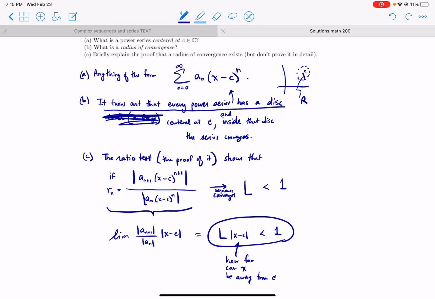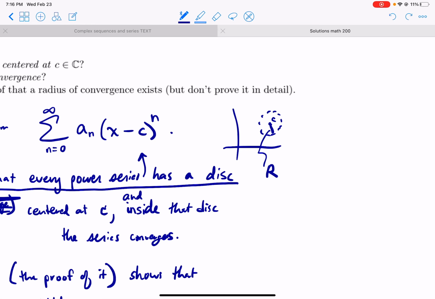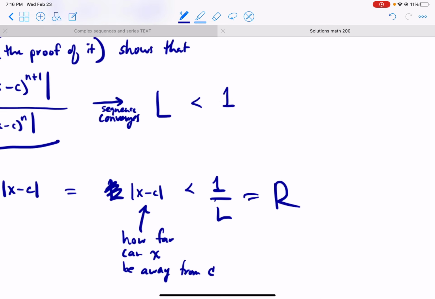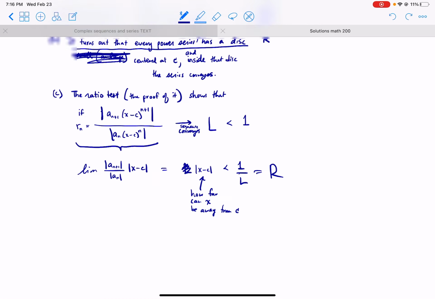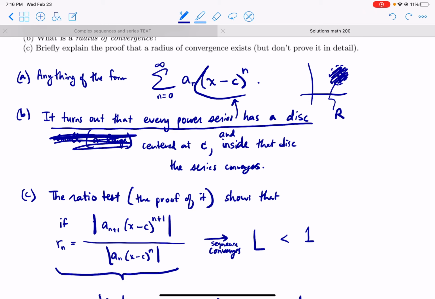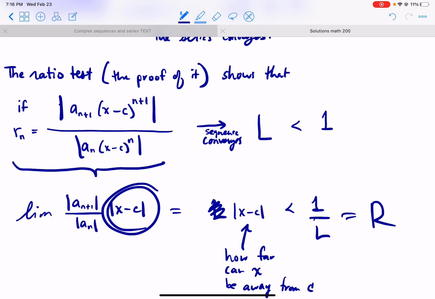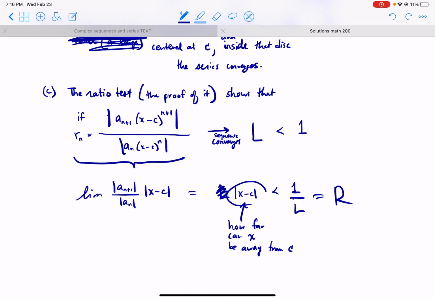That's just the ratio test. But this thing will be less than 1 exactly when, if I divide by L, x is really close to c. And so whatever this number is, this is the radius. Whenever x is in here, it converges. For a power series, this is always going to happen because it's always going to cancel every time, leaving just one of these with the absolute value, which is the radius of a disk centered at C.